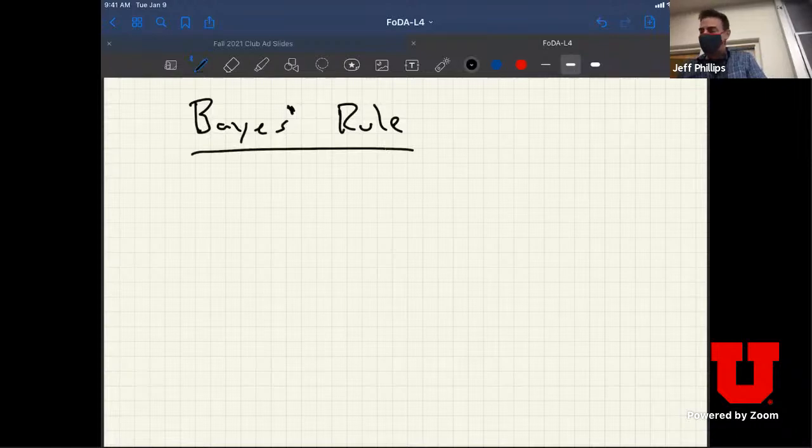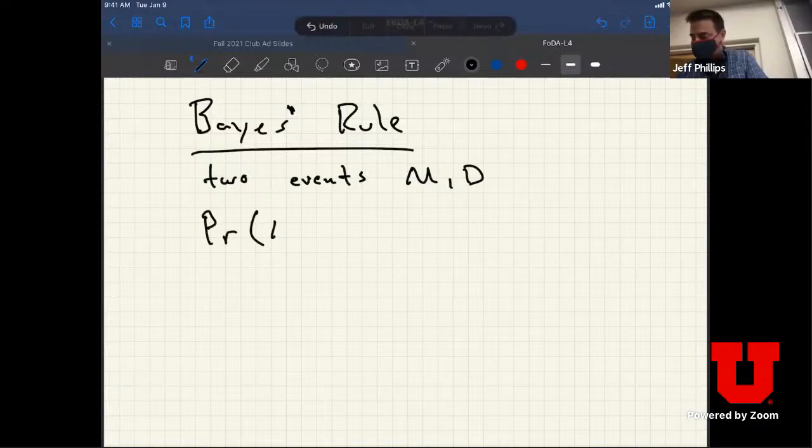This is a rule about conditional probability. I'm going to have two events, M and D, and we'll see why I call them M and D. It's a property about the conditional probability of M given D, and it's a way of rewriting this.